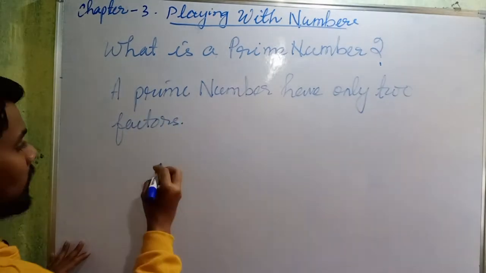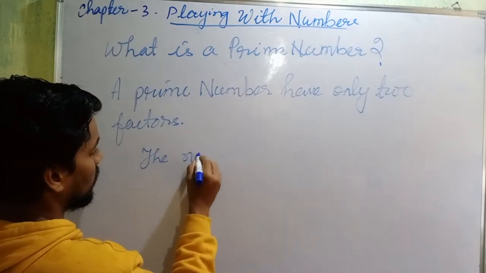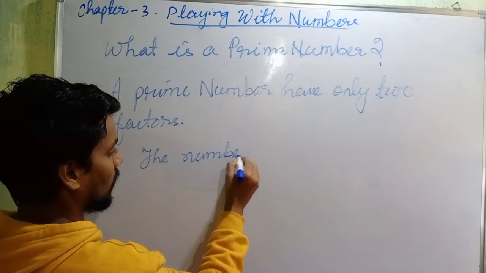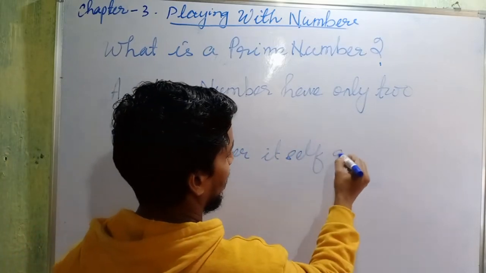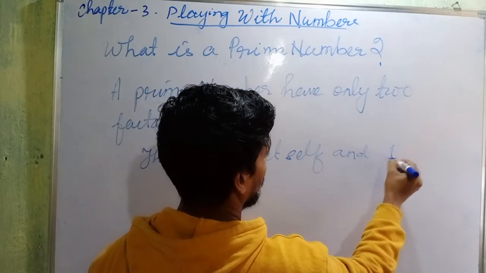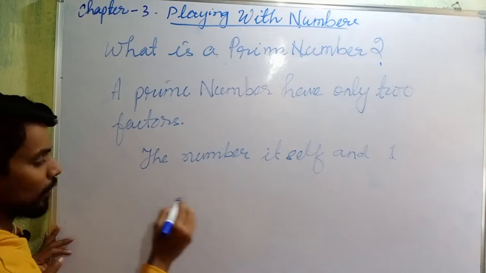Which are they? The number itself and 1. So I'll give you some examples within 1 to 10.